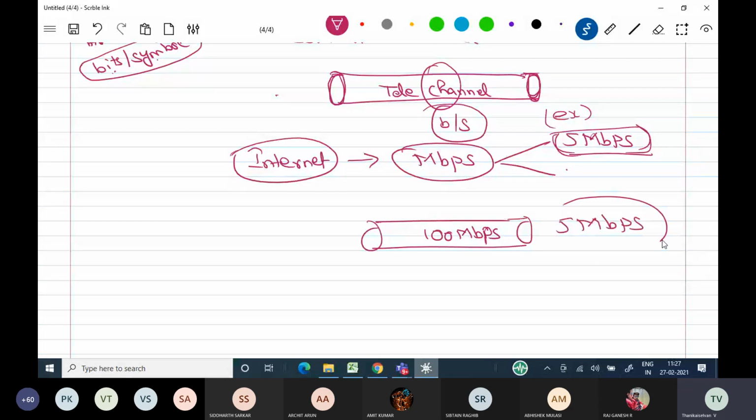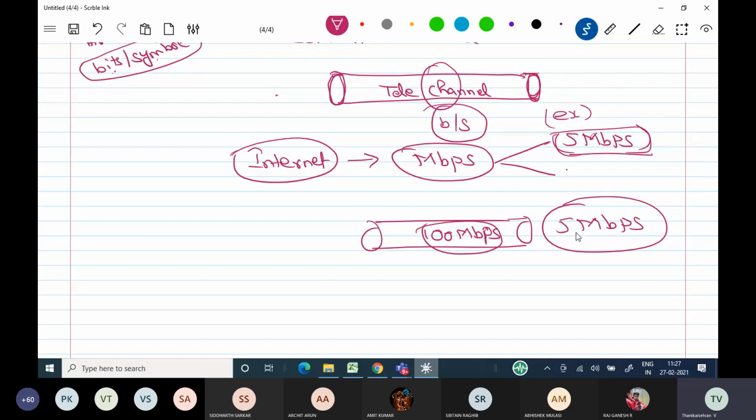There is a theory behind this. Maximum capacity is 100 Mbps, but the user is enjoying only 5 Mbps.